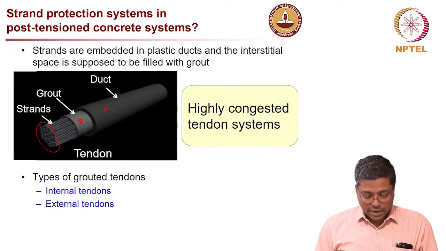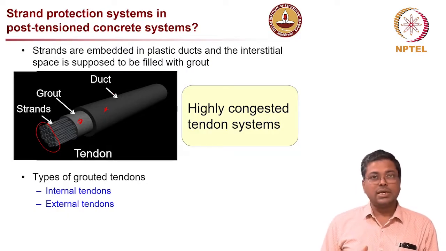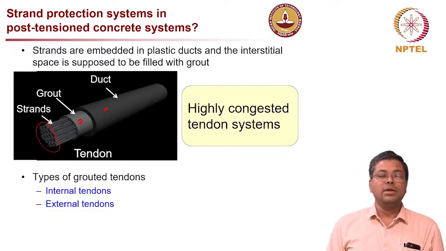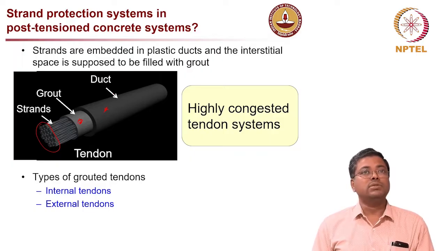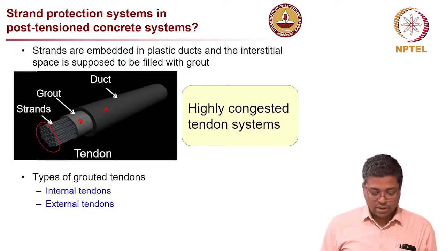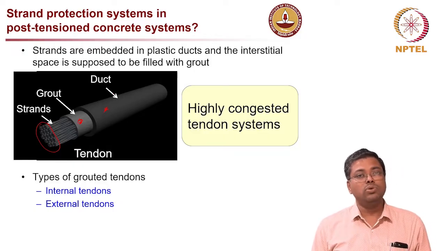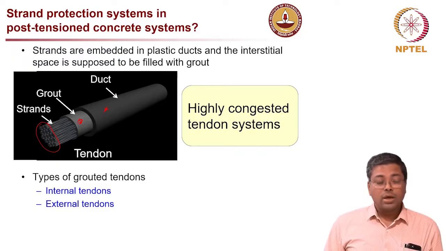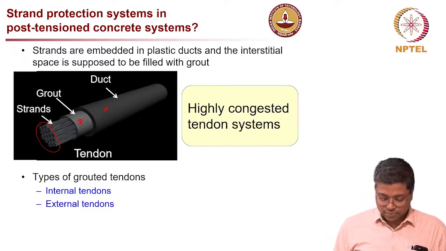This highly congested strand is where the challenge is: how to get the space between the strand and the plastic duct properly filled with cementitious grout. That's the biggest challenge. If it is not filled properly, you can experience significant corrosion or early corrosion of the system.